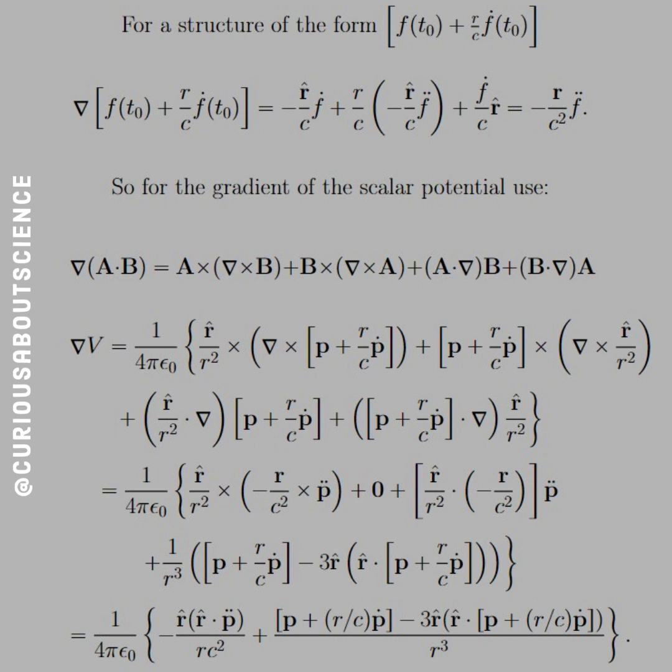So after that, we see a cancellation. All we're left with is that double dot with the r vector over c squared. So for all the gradients of the scalar potential, we need to use the gradient of the dot product. And that gets gross real quick. Let's go ahead and see how that's running through. You see, again, some of these things that we want for the first order just won't work out.